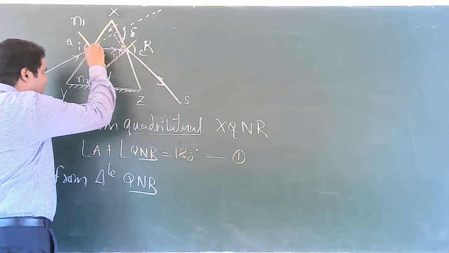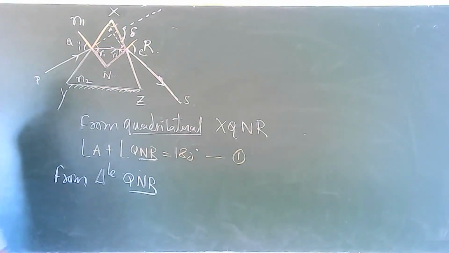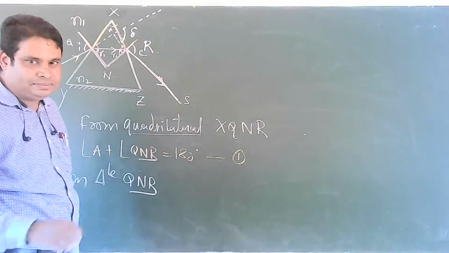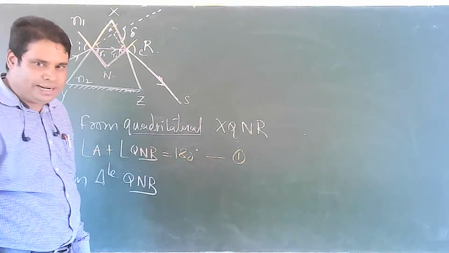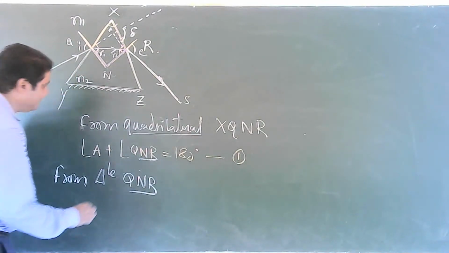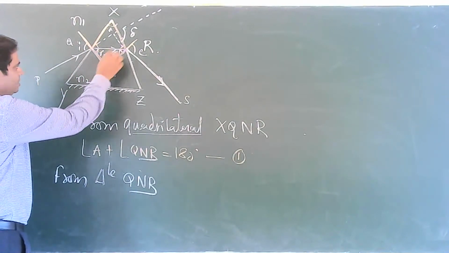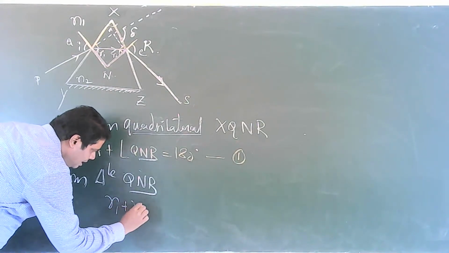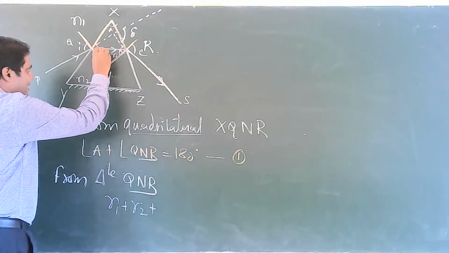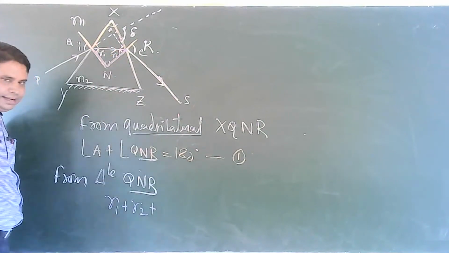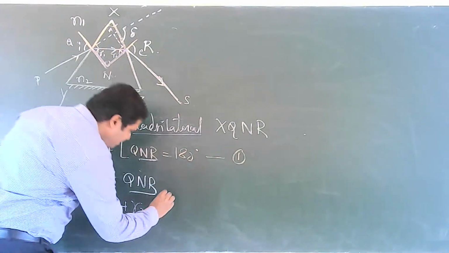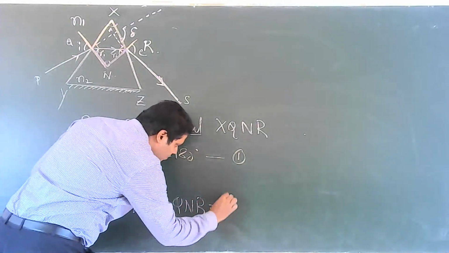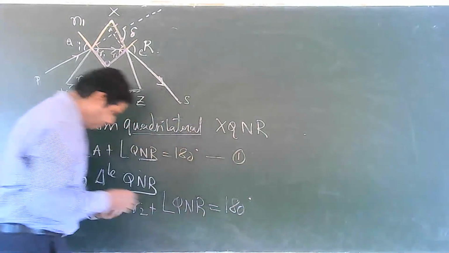Sum of all angles in a given triangle is equal to 180 degree. So I can write this is R1, this is R2. R1 plus R2, first angle, second angle, and this will be third angle. What is the third angle? Nothing but angle Q once again must be equal to 180 degree.